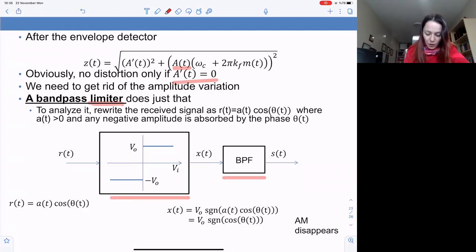So rewrite the received signal as A of t cosine theta of t, where theta of t is the time varying phase, and any negative amplitude is absorbed by the phase. And then now pass it through the limiter. It's like a signum function. Notice that AM is going to disappear because of the action of the signum function.